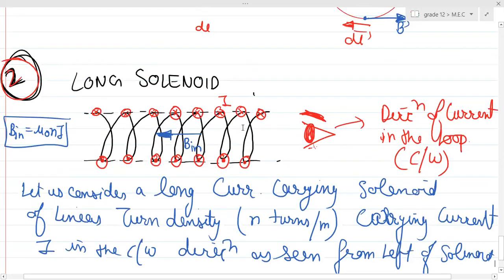Now what to do, sir? Which loop has to be chosen?